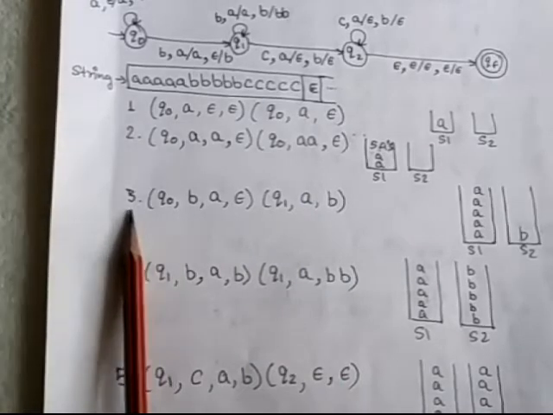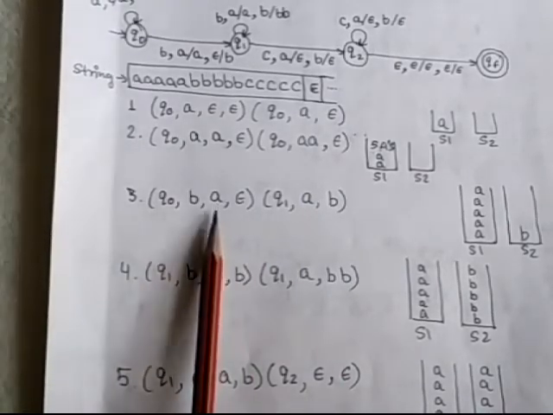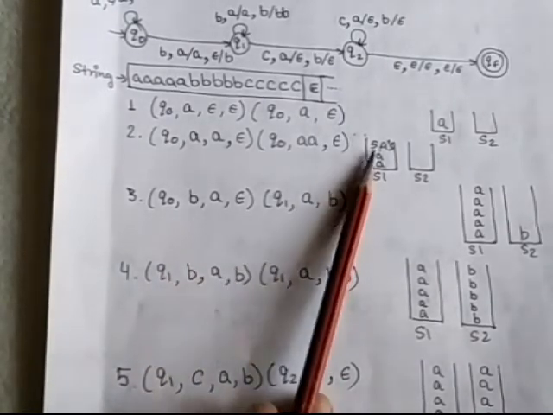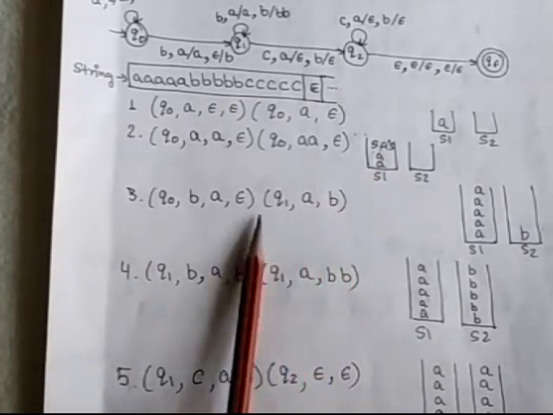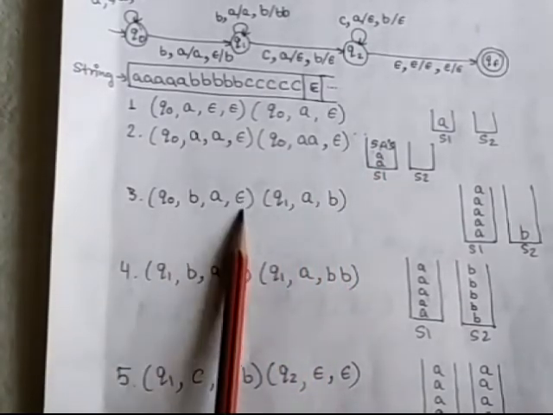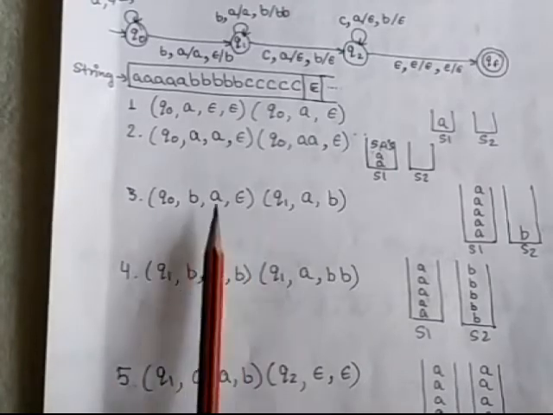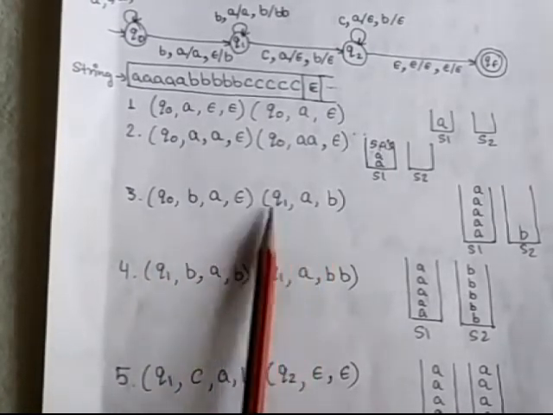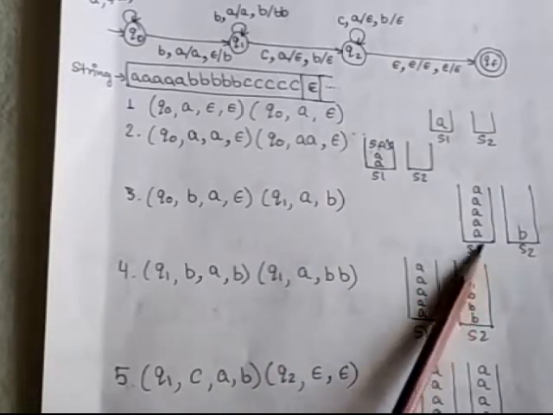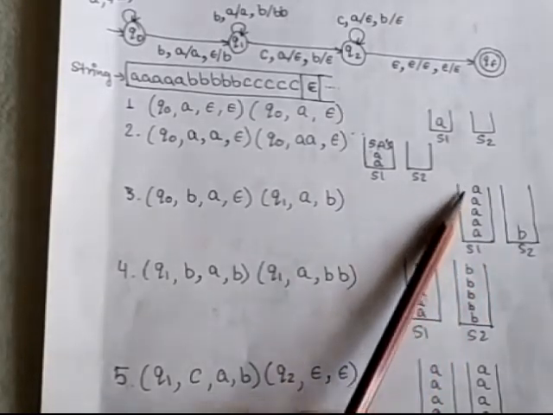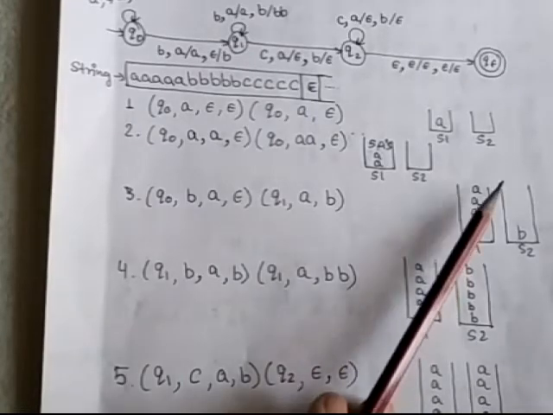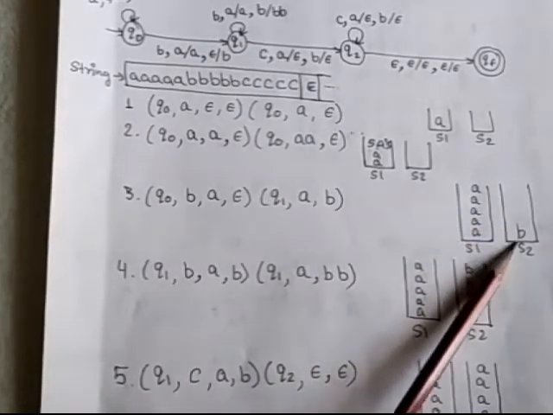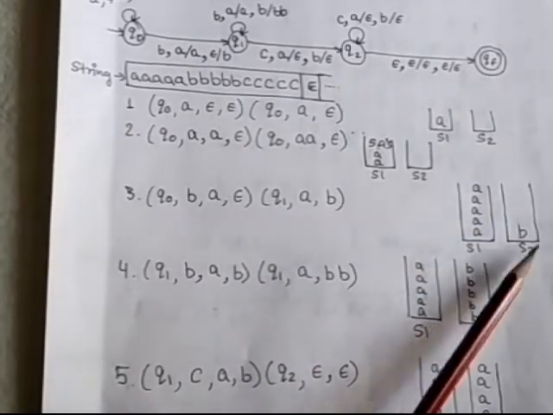In the third step, we read B. The top of stack 1 is A, and stack 2 is empty now. What we do is push this B onto stack 2. Now this will be the stack position. We have read all the A's in stack 1 and have started reading B and pushing it onto stack 2.